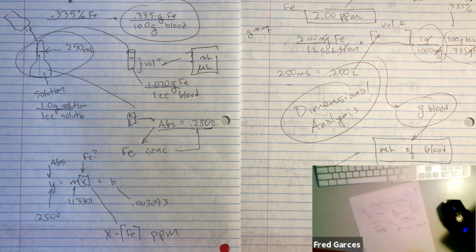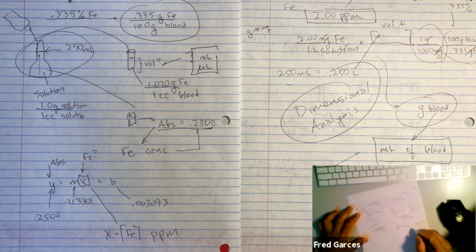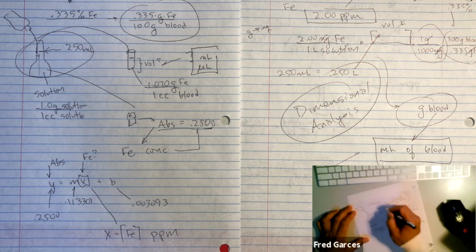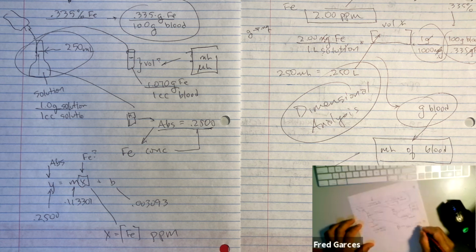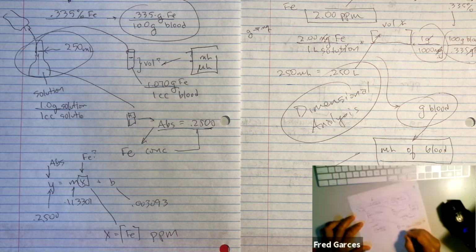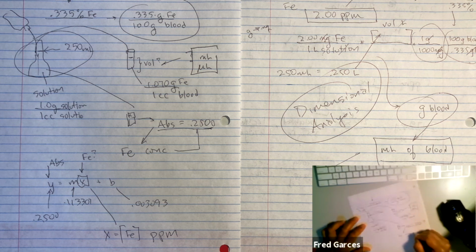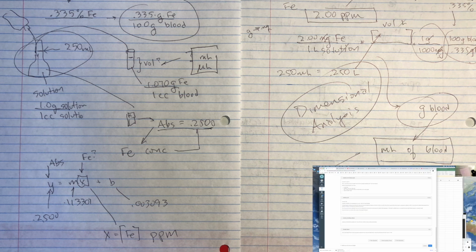So let me show you what you need to do. First of all, you don't start here. You don't start with that. You actually start at the end of the problem. You need to find the absorbance at 0.250. What iron concentration is going to give you an absorbance of 0.250?